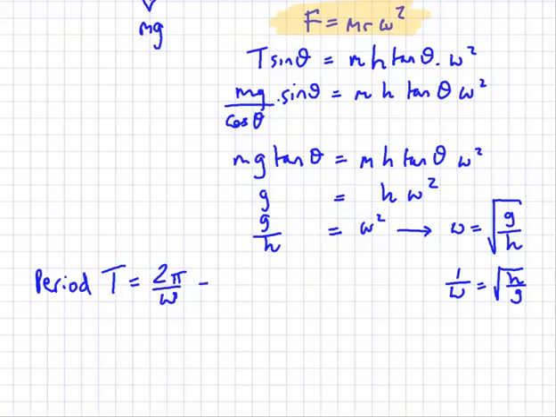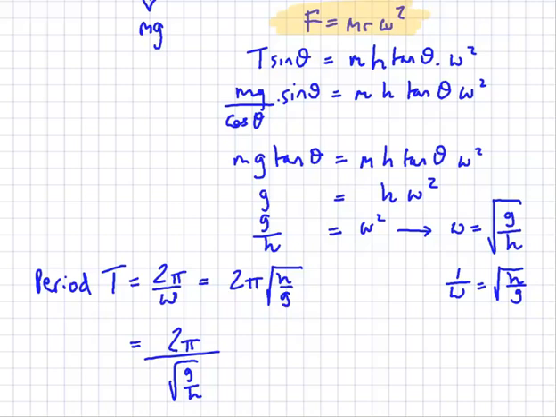So we can say straight away 2 pi and then the square root of h over g. You can go through a slightly more long-winded process of saying 2 pi divided by the square root of g over h, and there's various different ways you can argue about how you manipulate that expression to eventually get the answer, which is 2 pi square root of h over g.